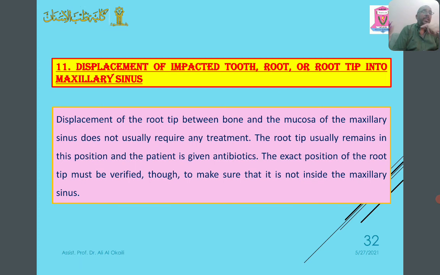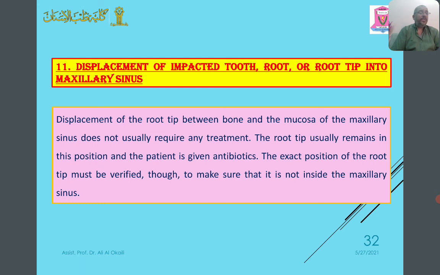There may be displacement of an impacted tooth or root tip into the maxillary sinus, with the same previous procedure. Displacement of a root tip between the bone and mucosa of the maxillary sinus does not usually require any treatment. The root tip usually remains in its position and the patient is given antibiotic.